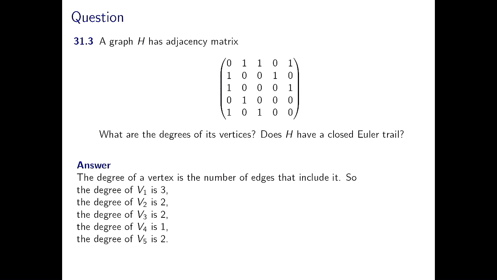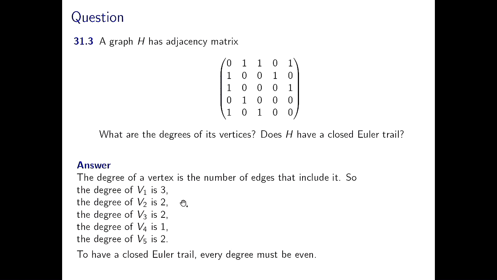So does this have a closed Euler trail? No. It might have an Euler trail, right? Because we could say begin at this vertex and end at this vertex, and that would use up our 2. So it maybe has an Euler trail, but it definitely doesn't have a closed Euler trail, because to have a closed Euler trail, every degree has to be even.